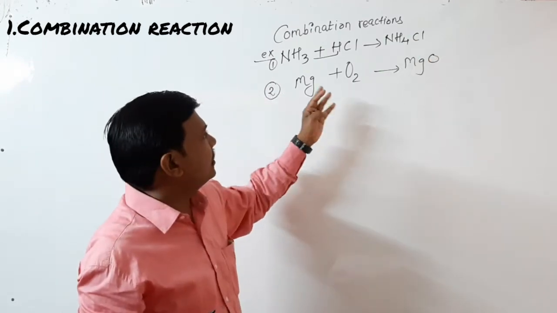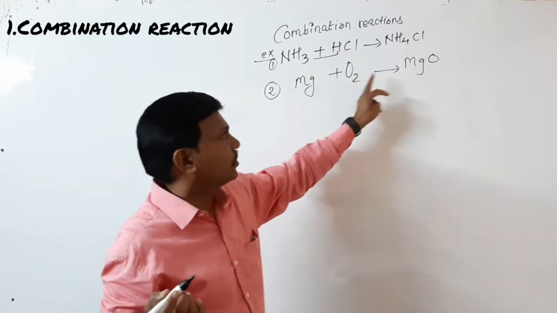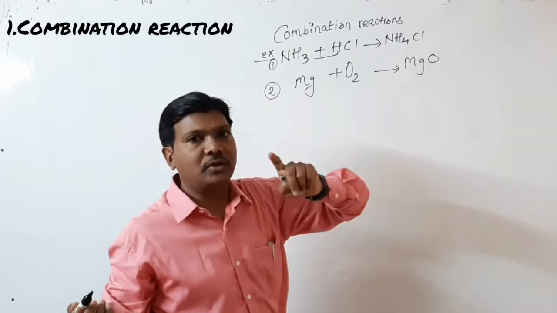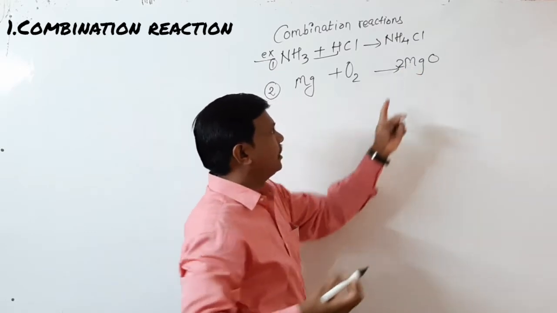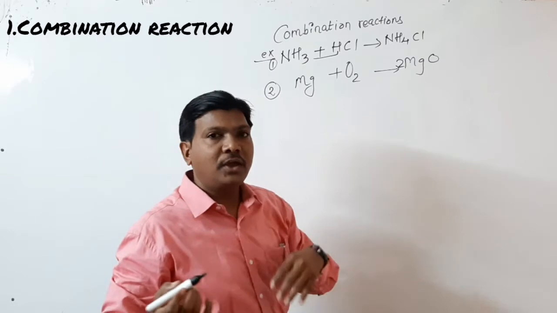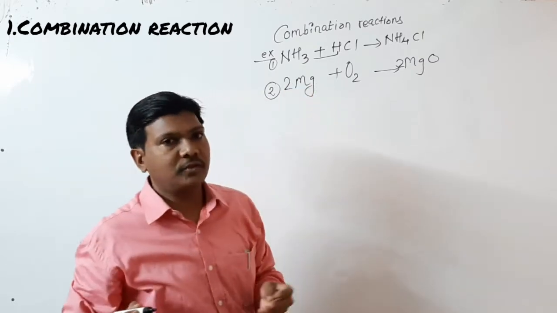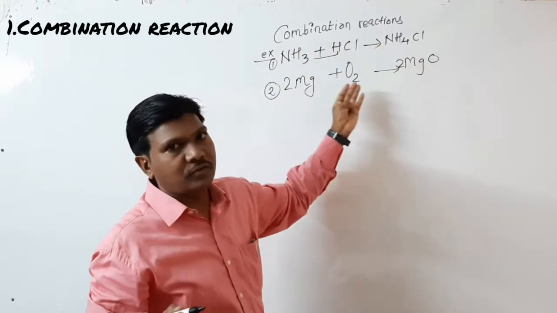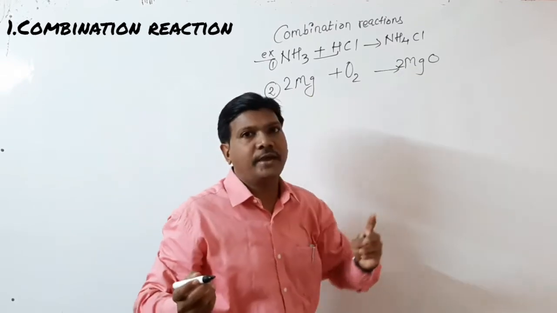Then the balancing: here see the number of atoms of oxygen is 2, but on the product or right side it is single. So for this oxygen, when you write here 2, the oxygen balances and magnesium increases. So we write here 2 for balancing. So this is also a combination reaction where magnesium and oxygen are the reactants and magnesium oxide is a single product.